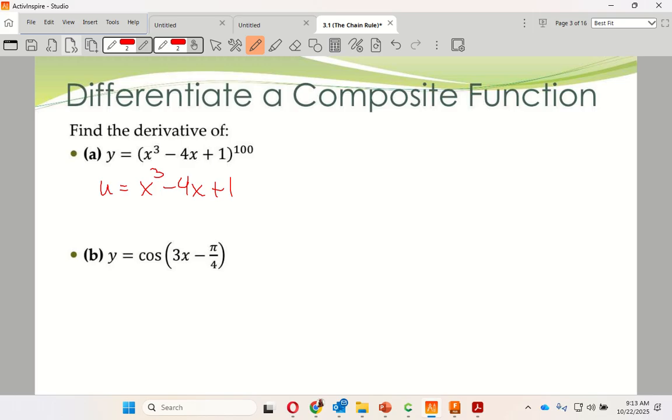Okay? Now from there, I'm going to take the derivative of that. That's now going to be my u prime, or my du for this one, but I'm going to call it u prime for the sake of here. So I'm taking the derivative of u: 3x squared minus 4.